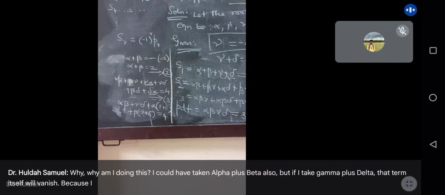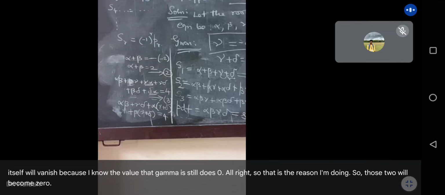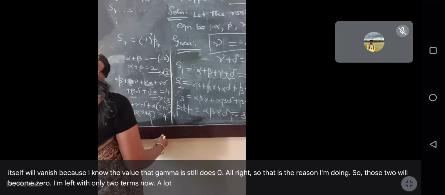That is equal to 4. Why am I doing this? I could have taken alpha plus beta also. But if I take gamma plus delta, that term itself will vanish, because I know the value that gamma plus delta is 0. All right. So that is the reason I'm doing it. So those two will become 0. I'm left with only two terms now. So what are the two terms?